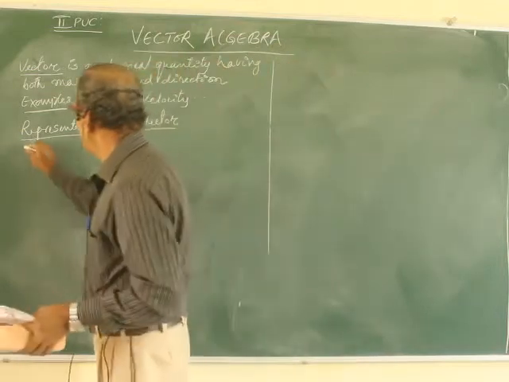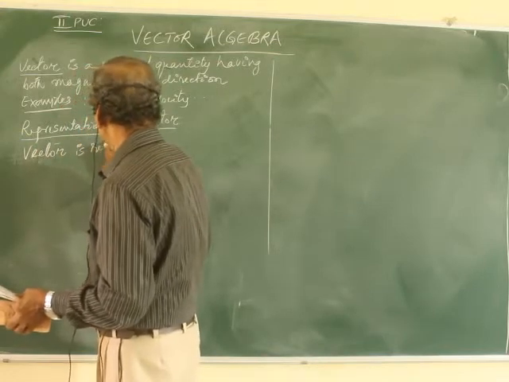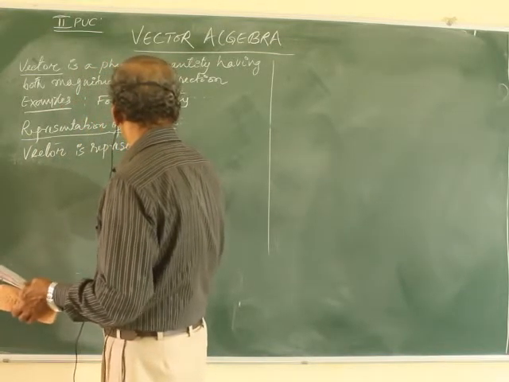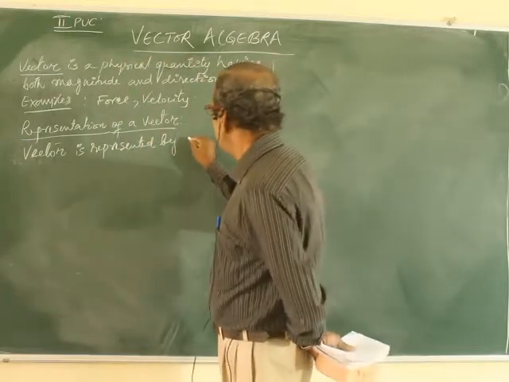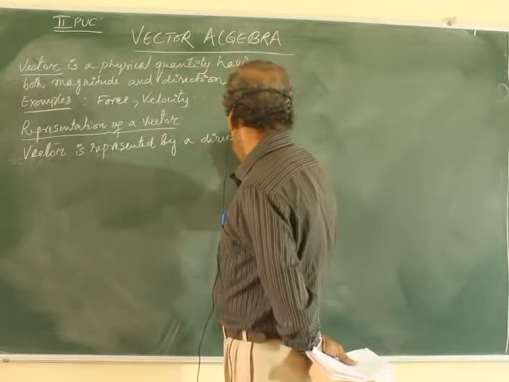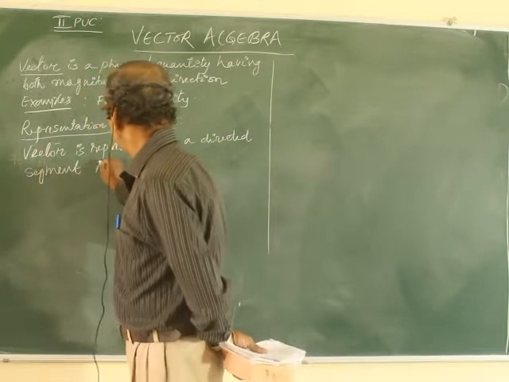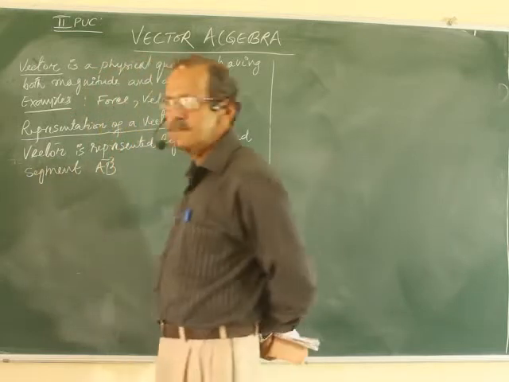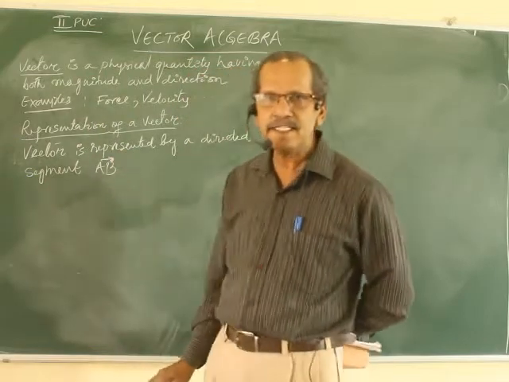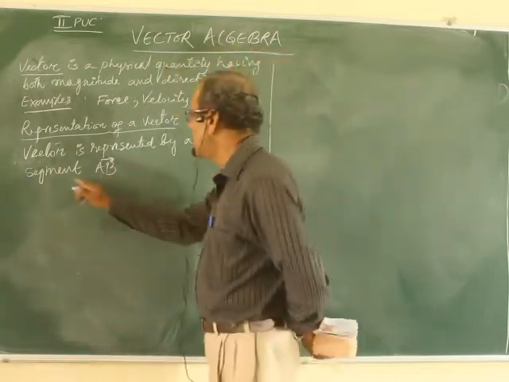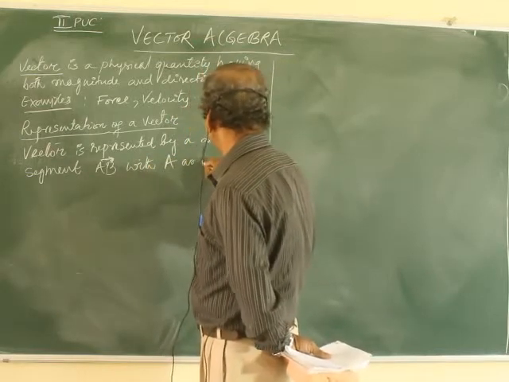Representation of a vector. Vector is represented by a directed segment AB, with A as the initial point and B as the terminal point. See, if you just write AB, it is a line.